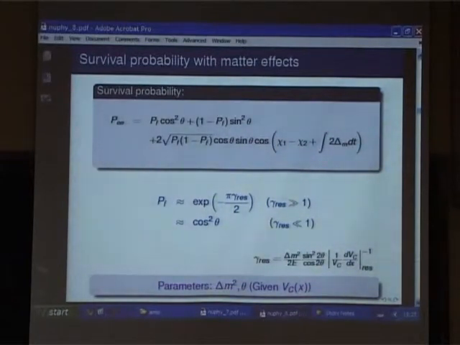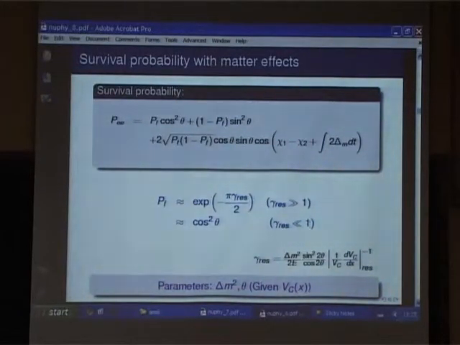So what did we study? We saw that the value of probability of survival basically looks like this: P_F cosine squared theta 1 minus P_F sin squared theta plus this interference. On top of that, we know that if gamma resonance is much greater than 1, we get an expression that looks like this.